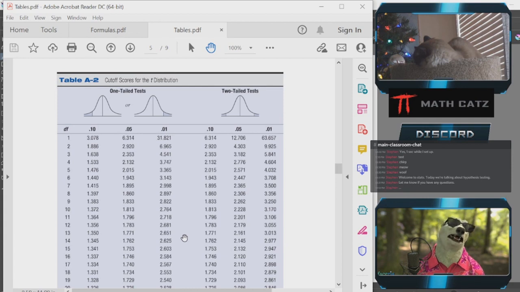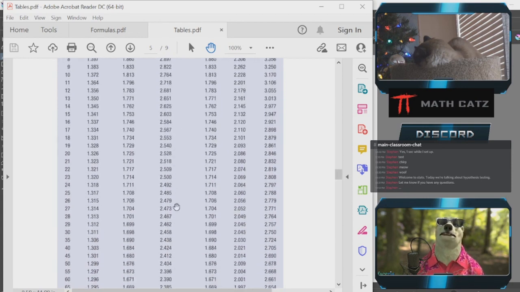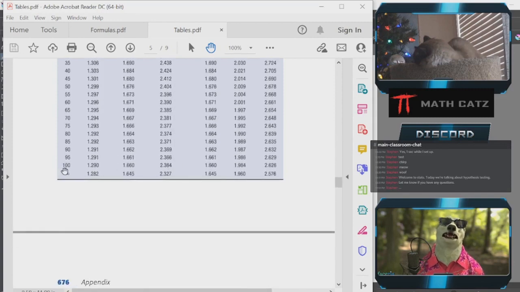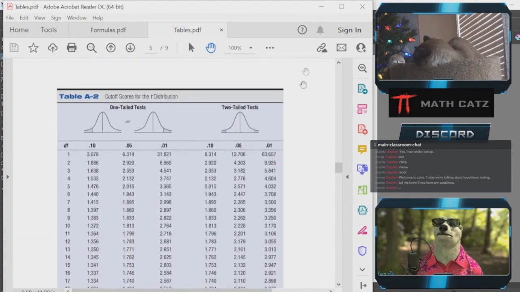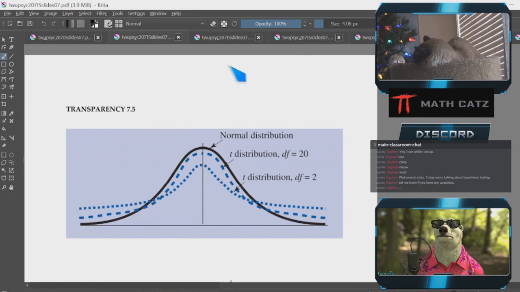So they're not as detailed as before, but we don't need them to be either. And then it stops at 100. Past 100, these values are identical to the normal distribution table. But let's do an example and see what this looks like.